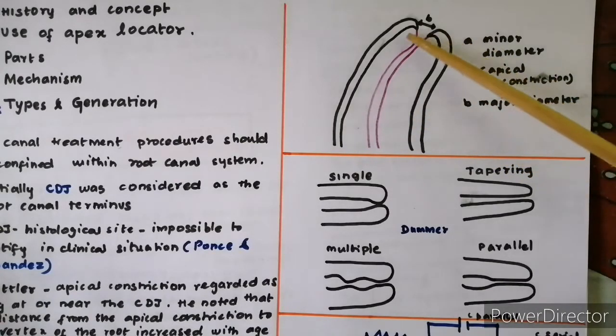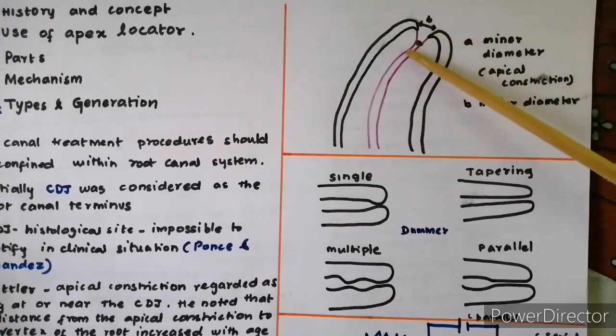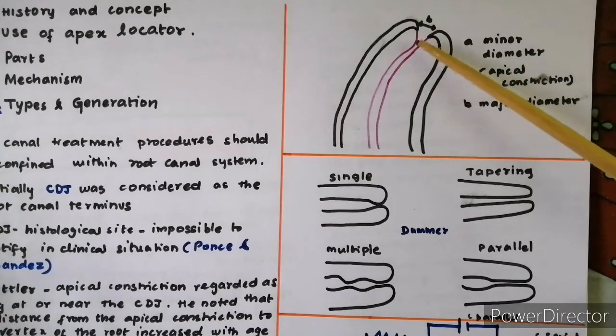This is your minor constriction, this is your major diameter and this is your minor diameter or your constriction. So we have to instrument only till this minor diameter, so that the wound will also be very small, the healing will also be faster, and we will not push any debris beyond the apex.